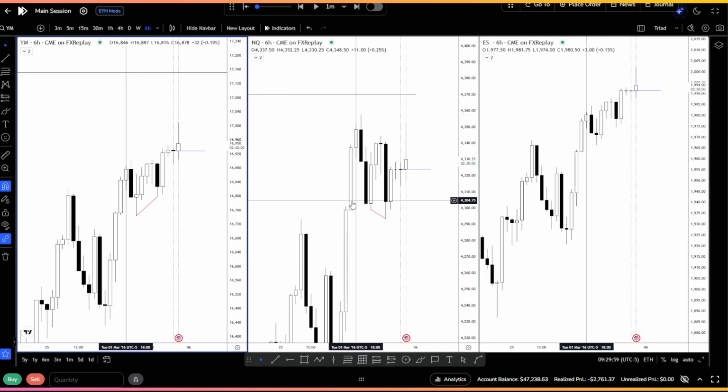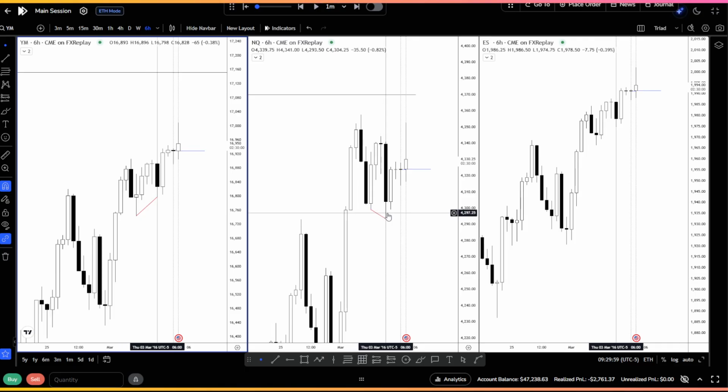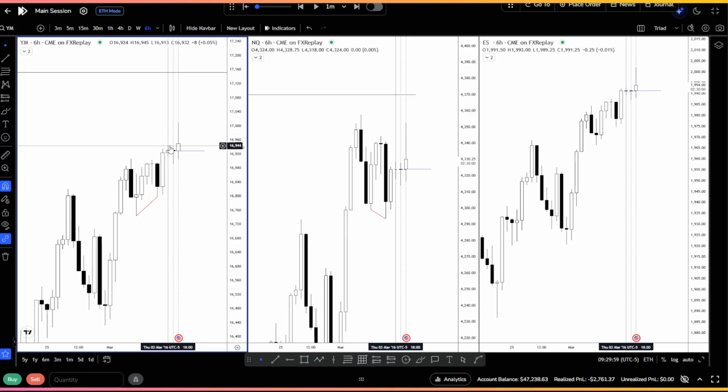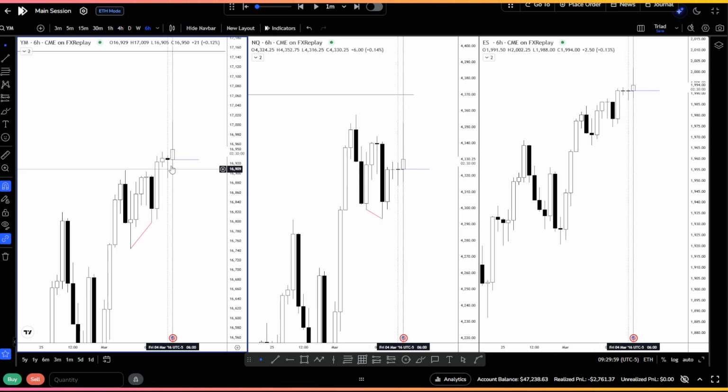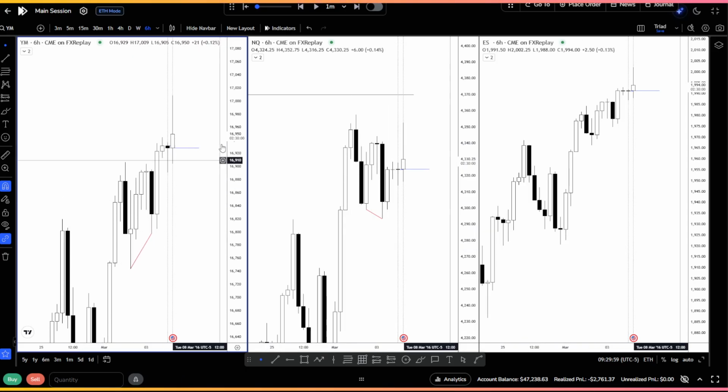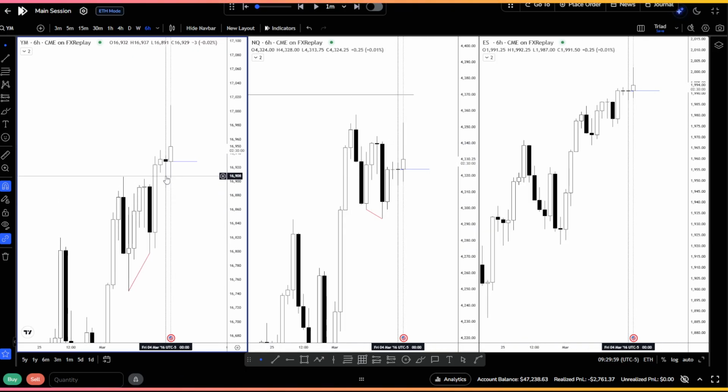Okay, cool. So it does not give us anything until 12 p.m. 12 p.m. makes the expansion, and then we are again inside this accumulation. 8:30 manipulates to the upside and gets back in again. If I see the 6 hour, this is the open, today's open.